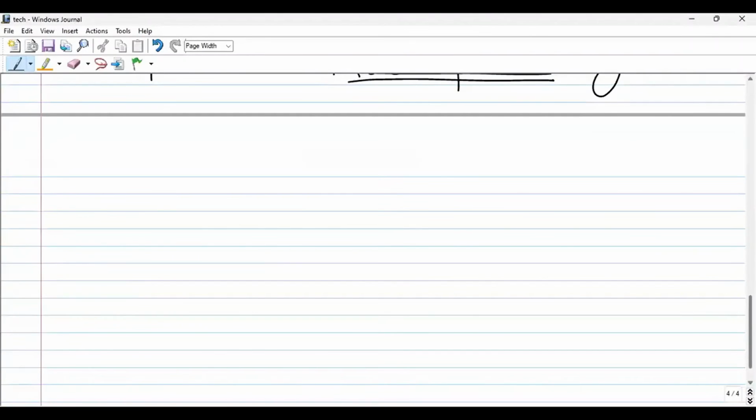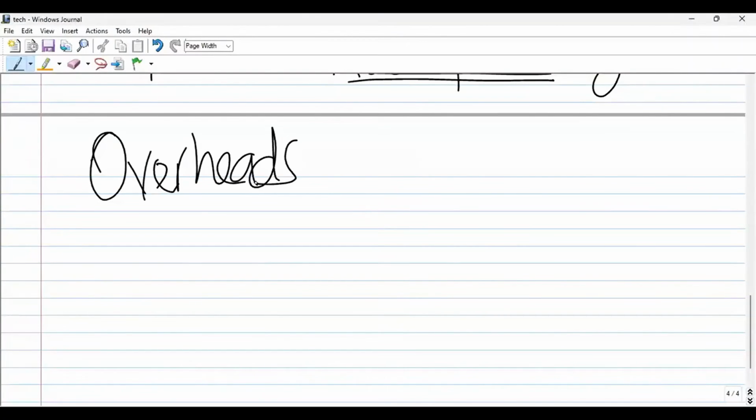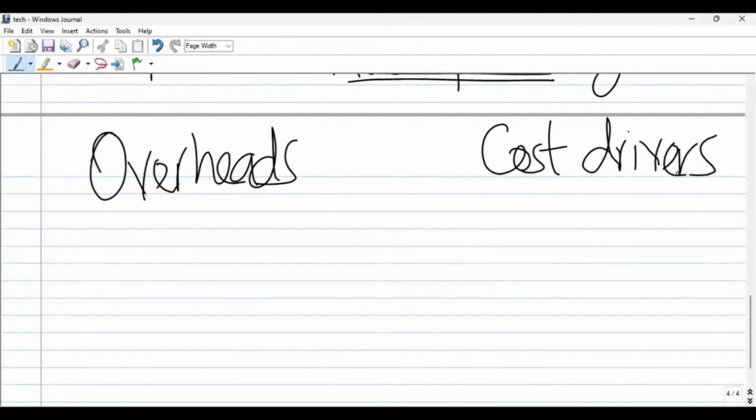So let's put examples of overheads and their cost drivers.